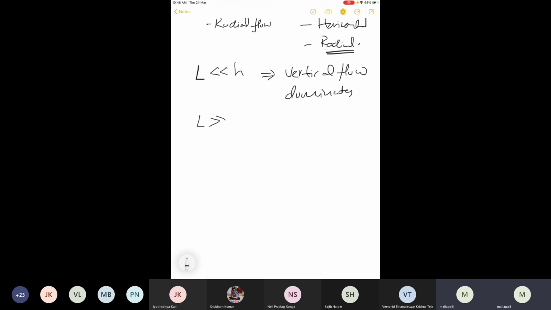Whereas if L is very, very large compared to H, in that case the horizontal flow dominates.